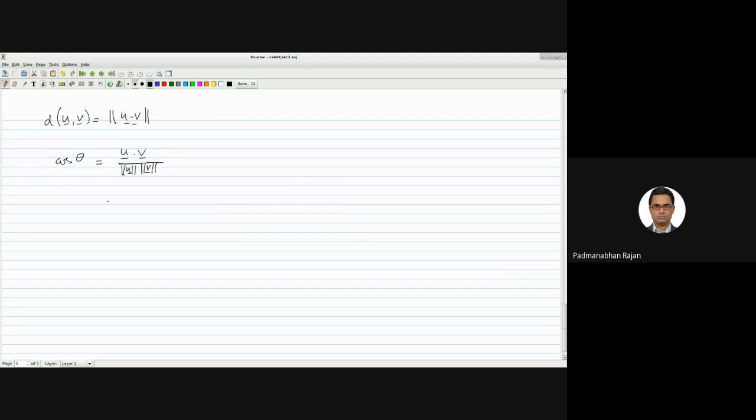So the angle between the two vectors is given by the dot product divided by the product of the norms. And two vectors are orthogonal if the angle between them is 90 degrees, which implies the dot product is 0.